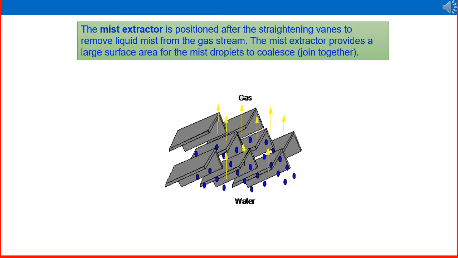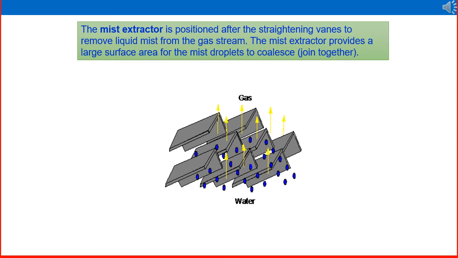The mist extractor is positioned after the straightening vanes to remove liquid mist from the gas stream. The mist extractor provides a large surface area for the mist droplets to coalesce, meaning join together. It is usually kept just after the straightening vanes, and sometimes looks like a wire mesh.